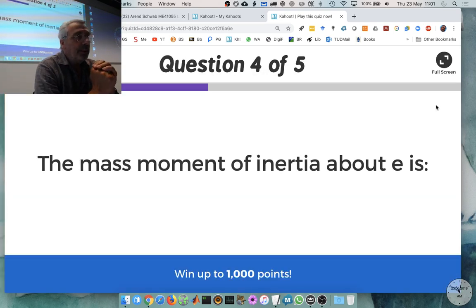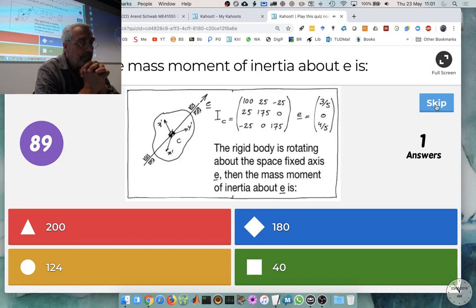Okay, this is a bit easier. So we have a rigid body, and of course it can rotate around the three axes, but now we say, well, we just fix the axis. We say it's rotating about this axis. What is the mass moment of inertia? So just one number should come out. You have all the time to type it in MATLAB.